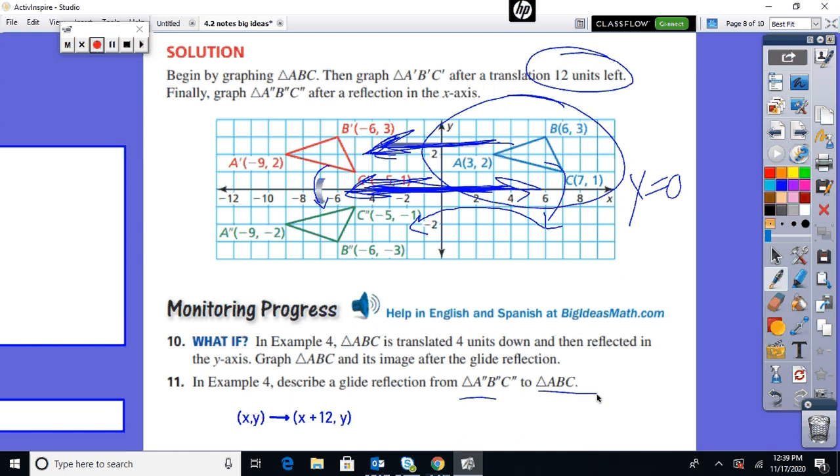So in this case, we would glide it backwards and then reflect it in the line. So no hurries, no worries.